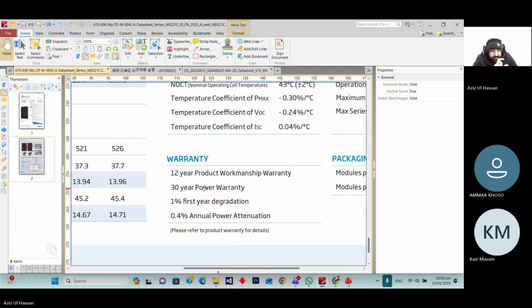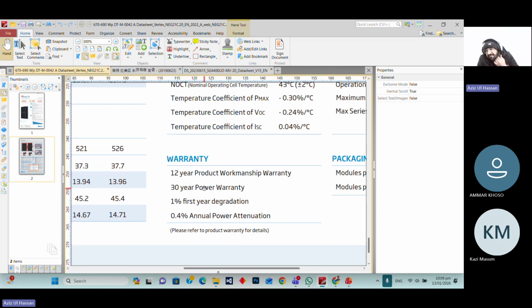It means they guarantee that your PV module will work for 12 years, and the 30-year power warranty means they will give you power for 30 years, if your PV module is okay and not damaged for some reason.